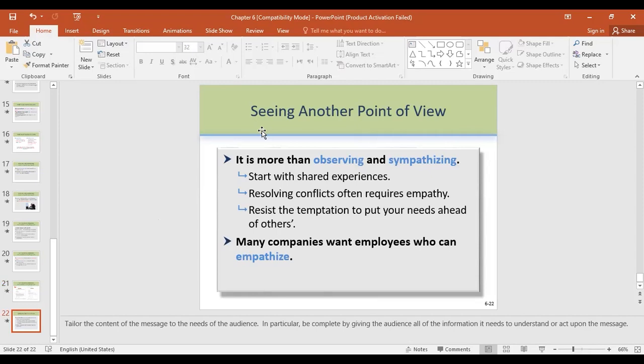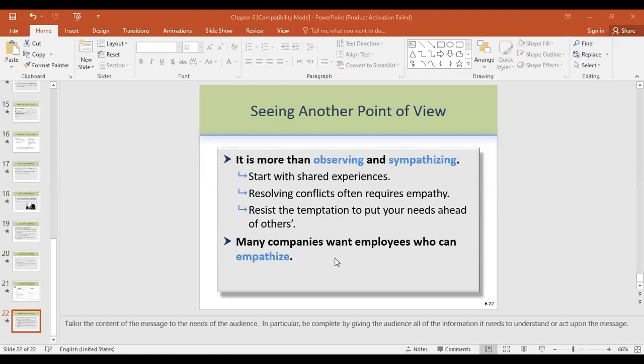The last sentence is also very important: many companies want employees who can empathize. The companies focus on empathy because they need more emotionally aware employees.